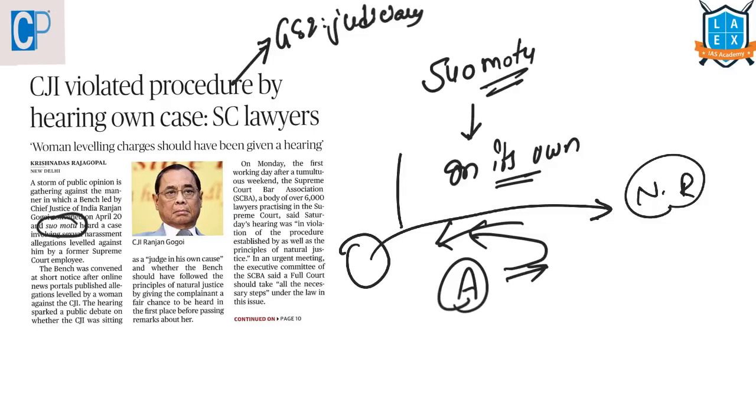This is an example of suo motu. The court heard it from a news report and they themselves can take action on their own. So the court will usually take this suo motu action when there is gross negligence on the part of public authorities and government.